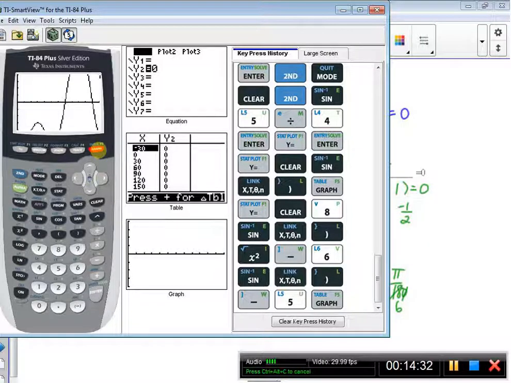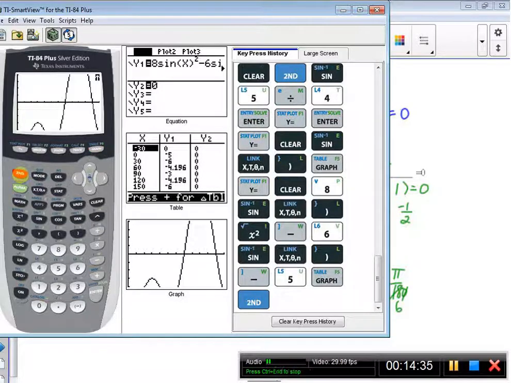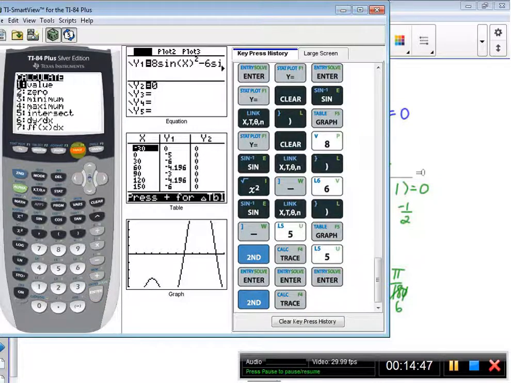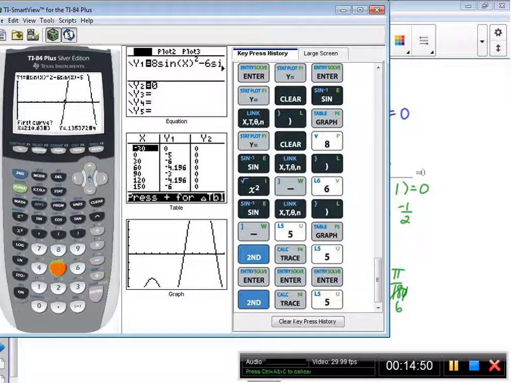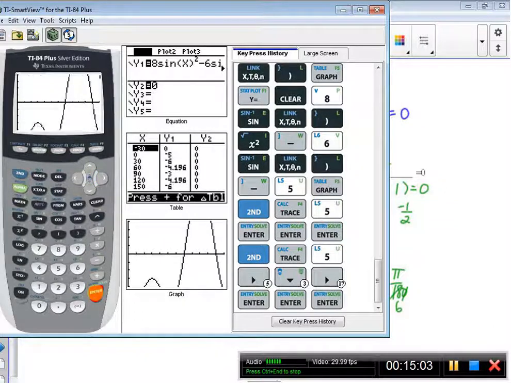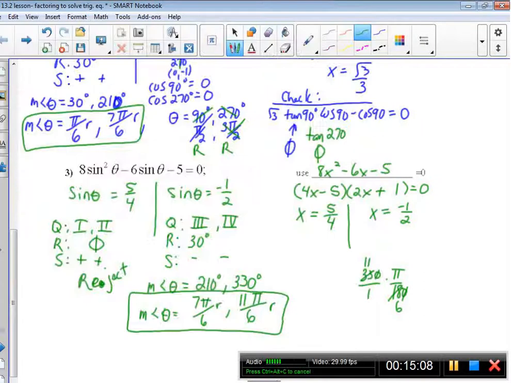And one more. Yep. So there we go. So if we do second trace intersect, enter, enter, enter, there's one of our answers, 210. And I'm guaranteeing you the other one is going to have it go along the x-axis, so I had to use the down arrow. Okay, so enter, enter, enter, and that one is 330, which is what we got. And we put them in radians. All right, next page.